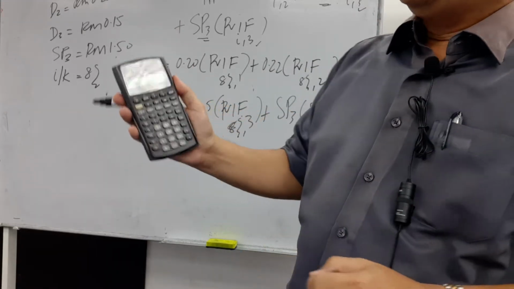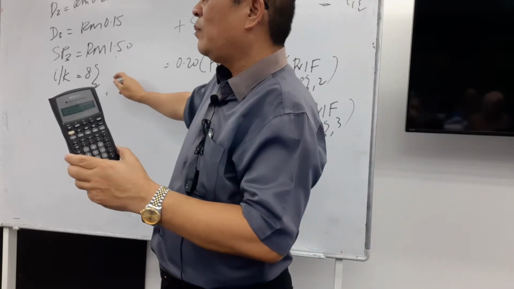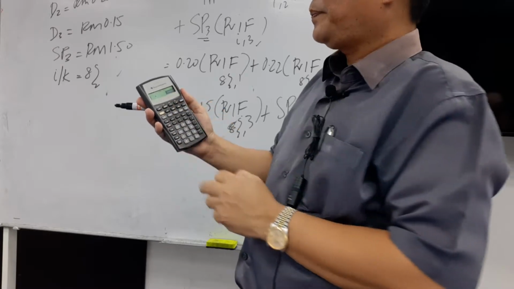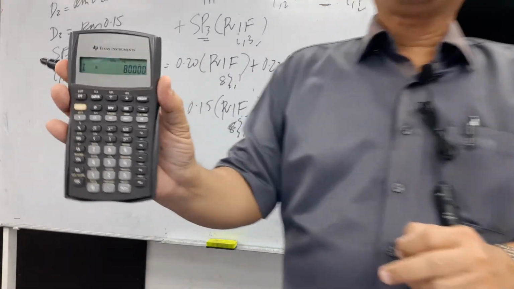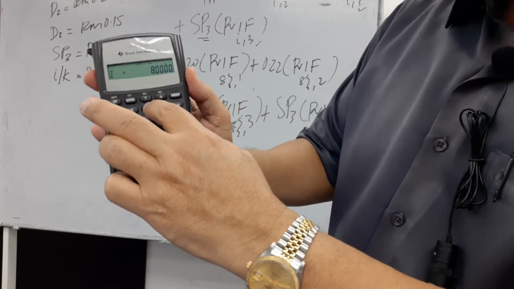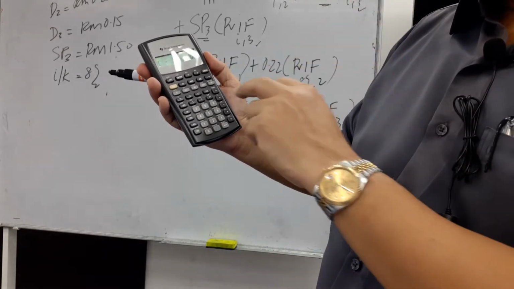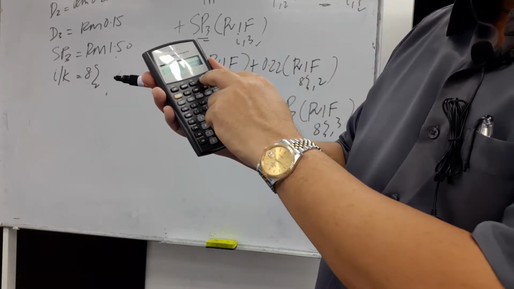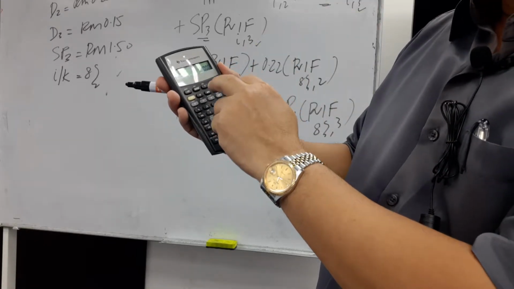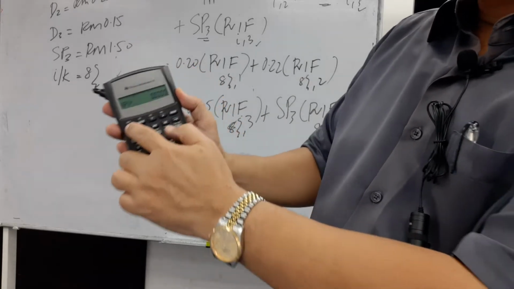Then you push the NPV button. At I, key in your required rate of return of 8% and enter. After that, arrow down to NPV and push compute.